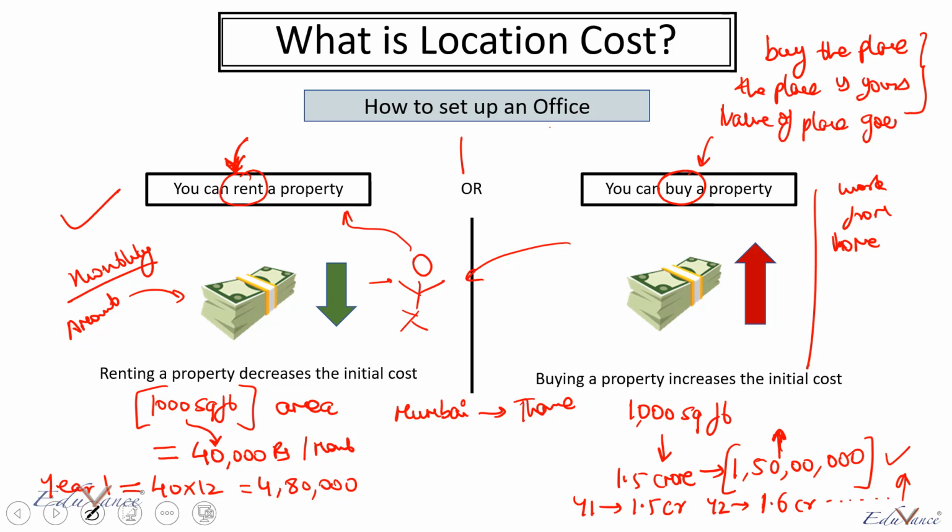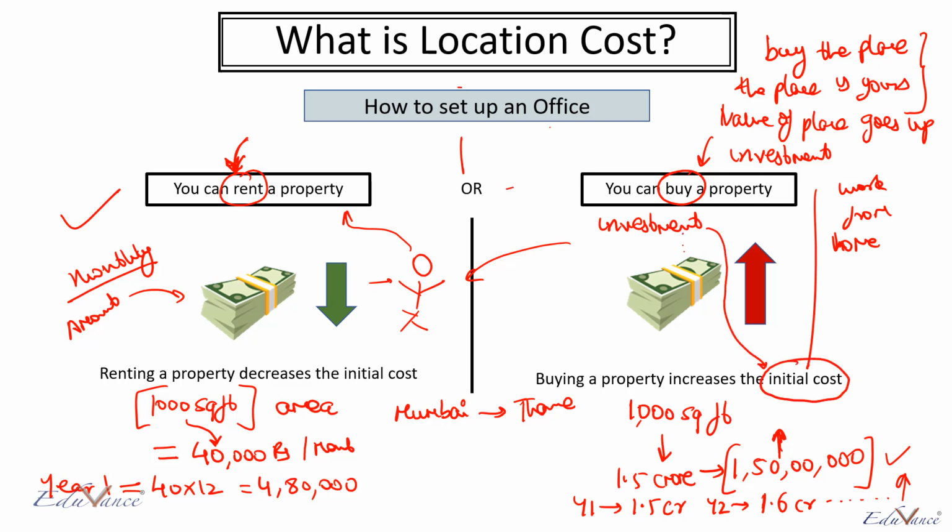Now the advantage is this becomes an investment for you. So the advantage of buying a property is that you have an investment. But the problem with that is that it increases the initial cost.